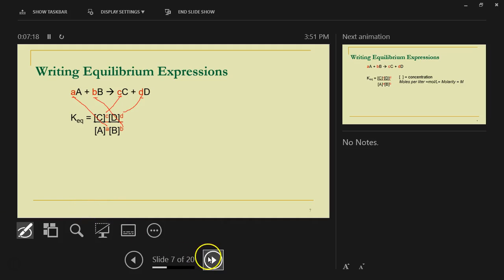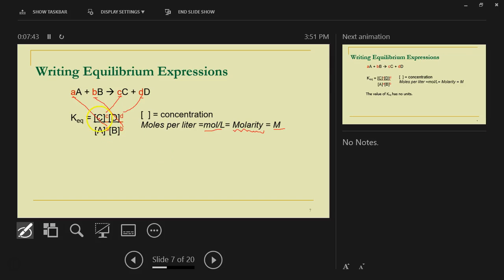Okay, so remember what the little brackets stand for. It's concentration. Concentration has units. It's either said moles per liter, which is abbreviated like this, which is also AKA the molarity of it, which is abbreviated like this. So there are a couple of different ways that you could correctly abbreviate that.